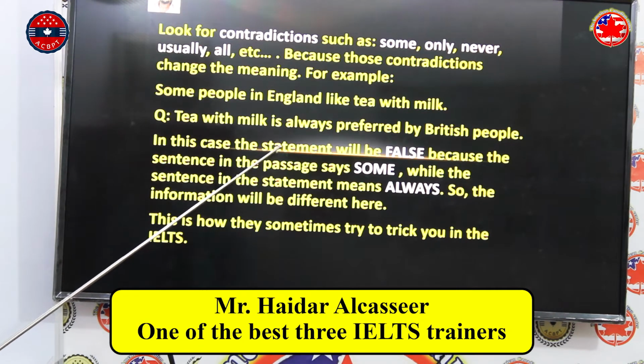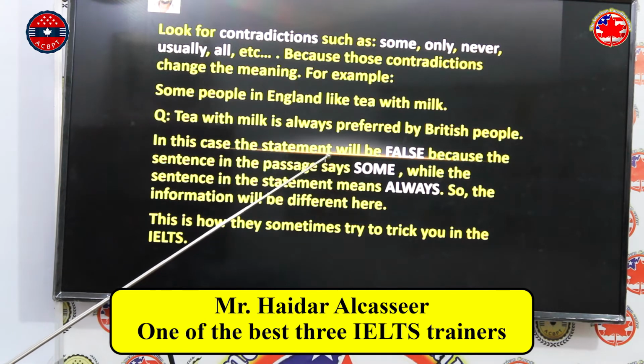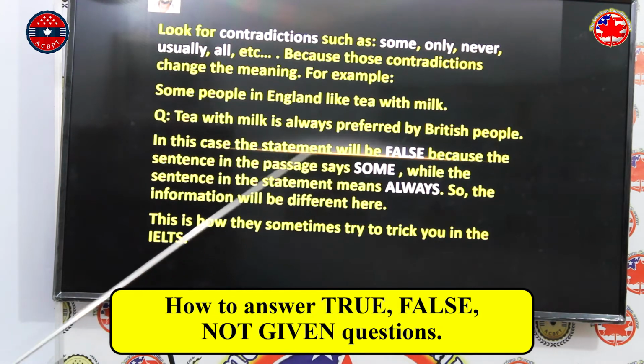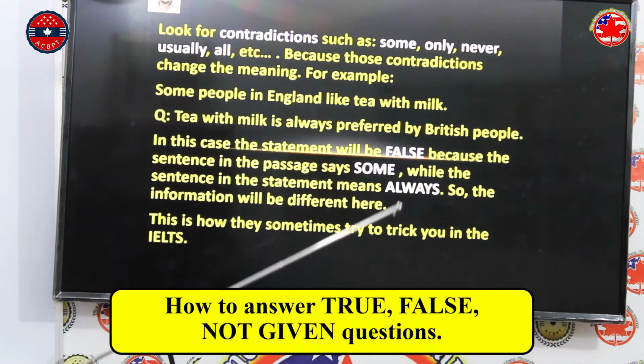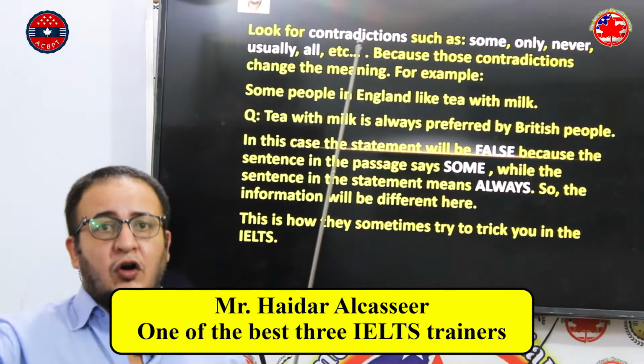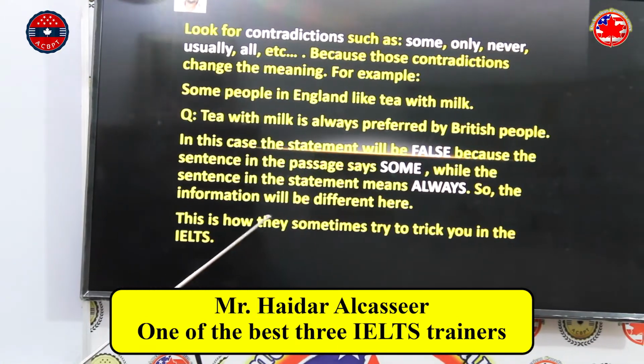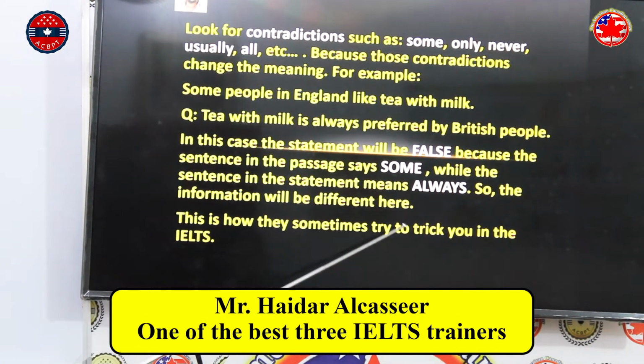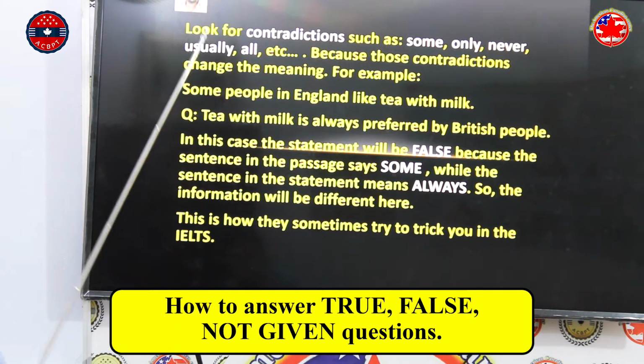In this case, the statement will be false. Why? Because the sentence in the passage says some, while the statement means always. So the information is different here. Some is different from always. This is how they sometimes try to trick you in the IELTS.